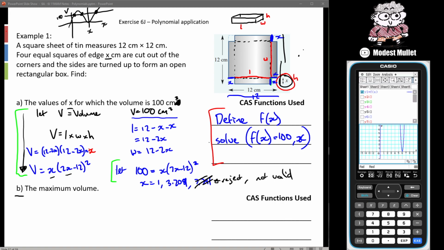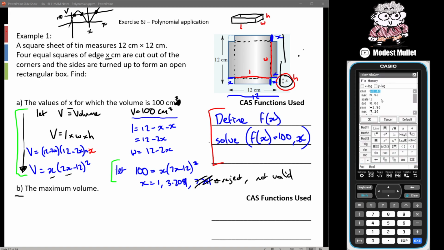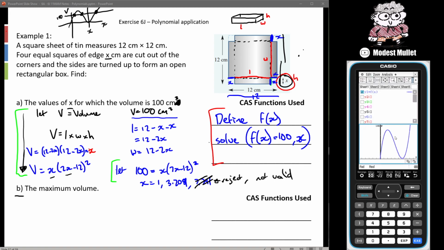We need to change our zoom a bit. So let's go to our window, and our x is fine. We can only deal with between 0 and 6 realistically for x. But our y value, well, clearly we found our volume can be up to 100. So let's set that to maybe 150 for the y value, and there we go.